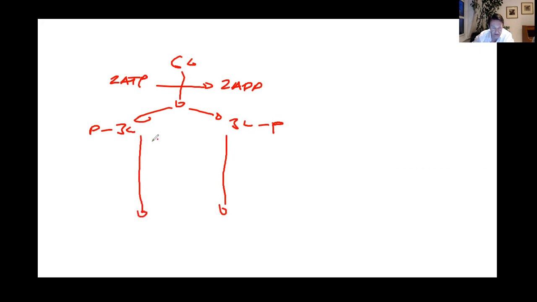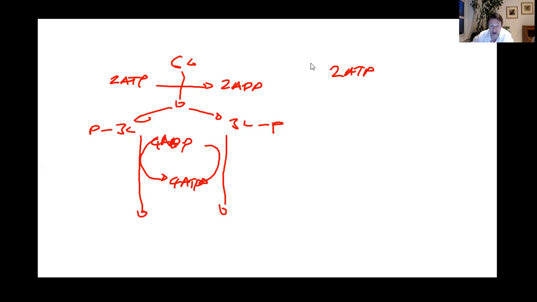Remember, that produces 4 ATPs through substrate level phosphorylation, where you take 4 ADPs and you phosphorylate them to produce your 4 ATPs. This gives us a net gain of 2 ATPs because you consume 2 and you produce 4.